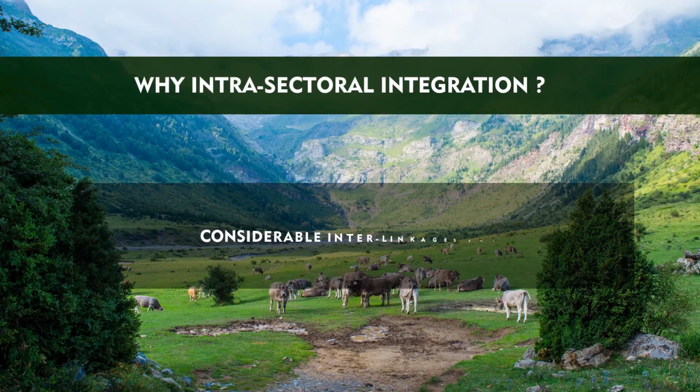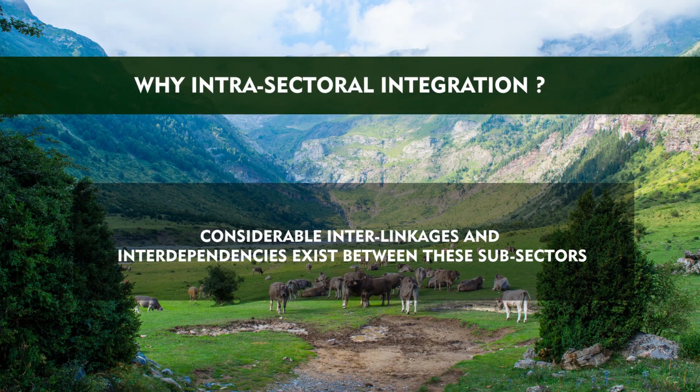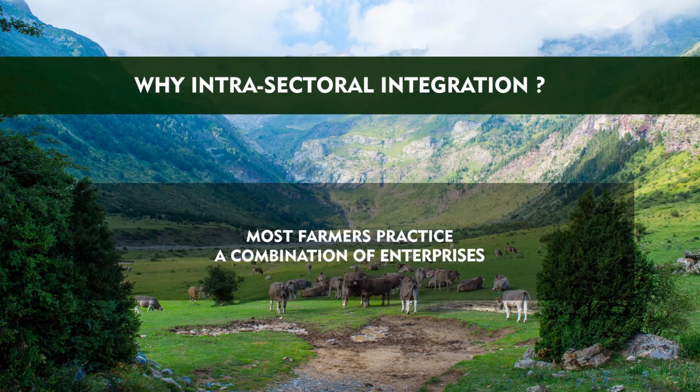So there is an integration requirement for subsector policy in the agriculture sector. There is considerable interlinkage and interdependence between these subsectors, and we will understand later how this interlinkage works. And most farmers practice a combination of enterprises.